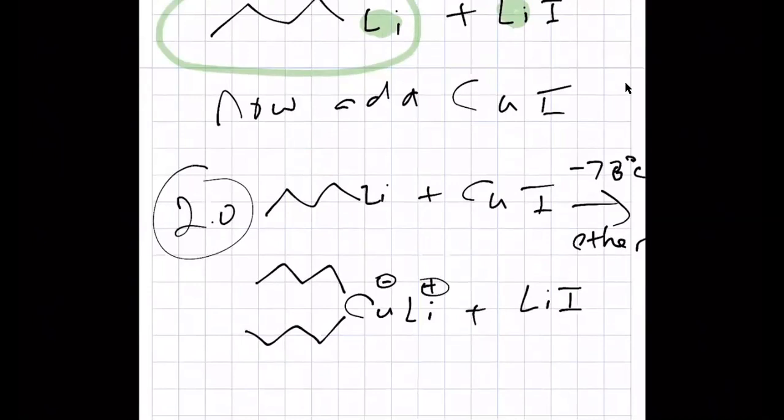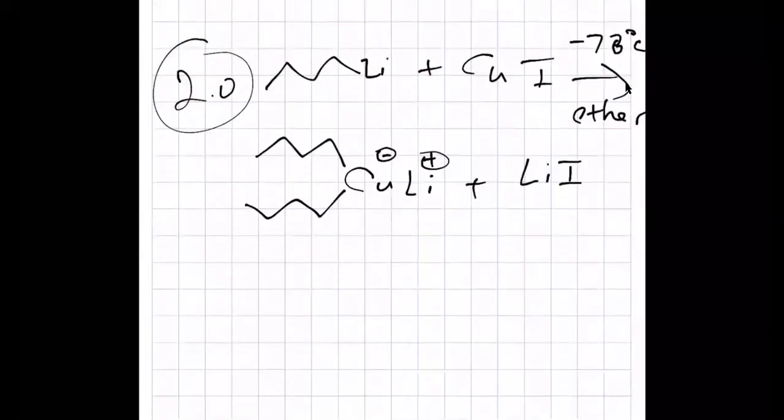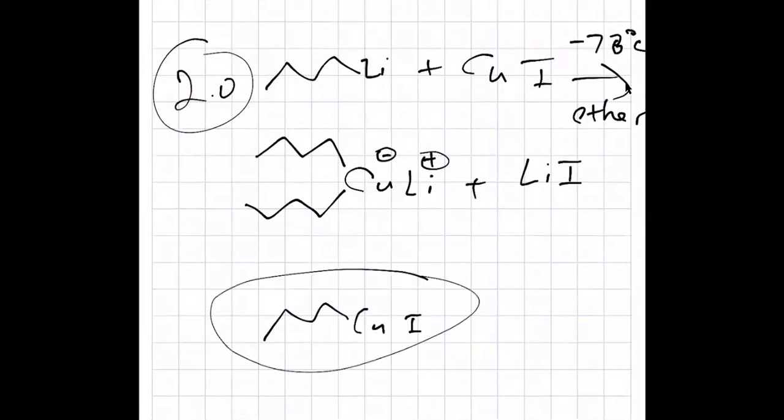So what you're trying to do with the copper is, since it's a transition metal, it likes to have a certain number of valence electrons. If you only add 1 of those, when you get to the product, let me show you, you've got this CuI, right? This is not reactive.